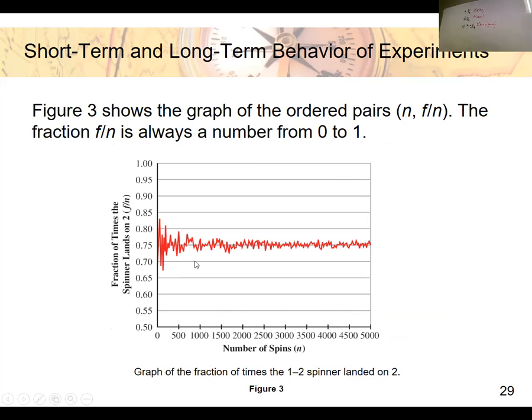This is what they generated from a computer. And if you notice, the more spins that you do, that probability would get closer and closer to 0.75 based on that spinner.